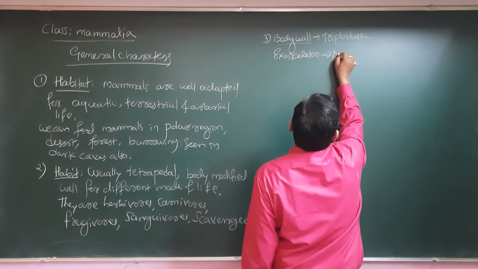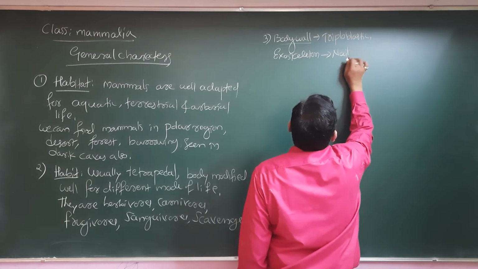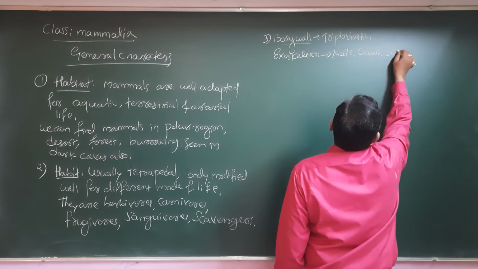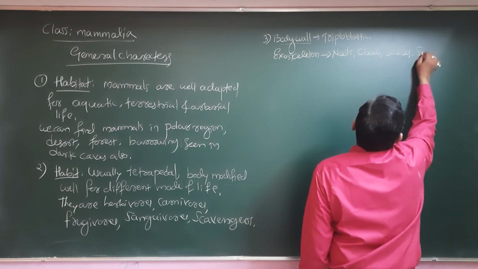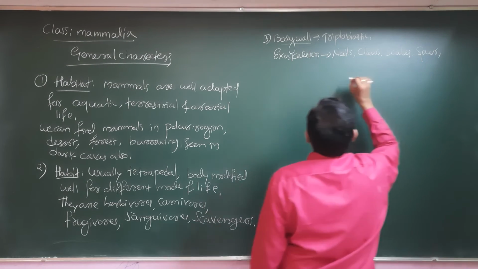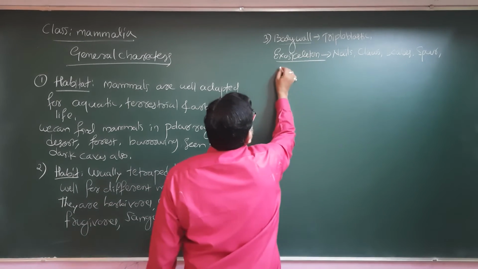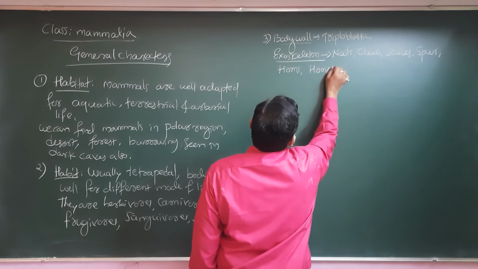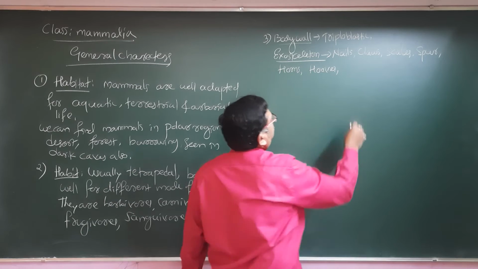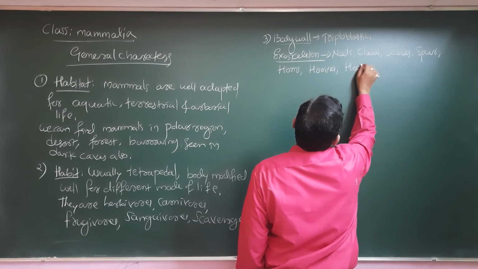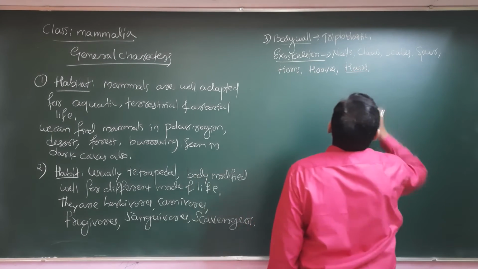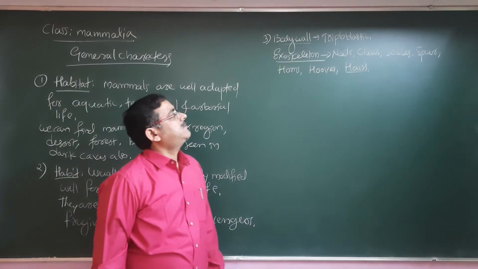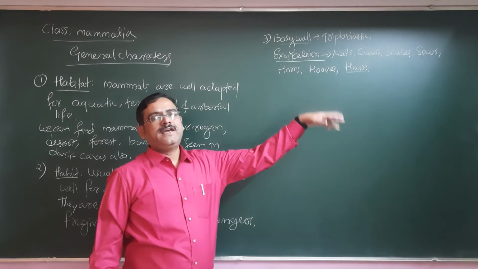That includes the nails, claws, that may have the scales, that may have the spur, and exoskeleton also includes the horns, hooves, and yes, they do have lots of hairs.